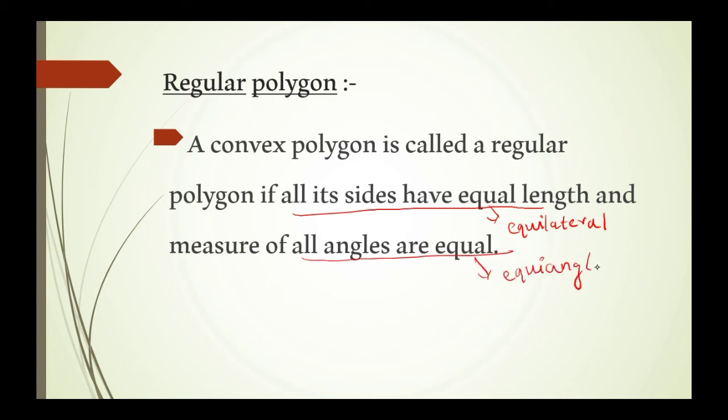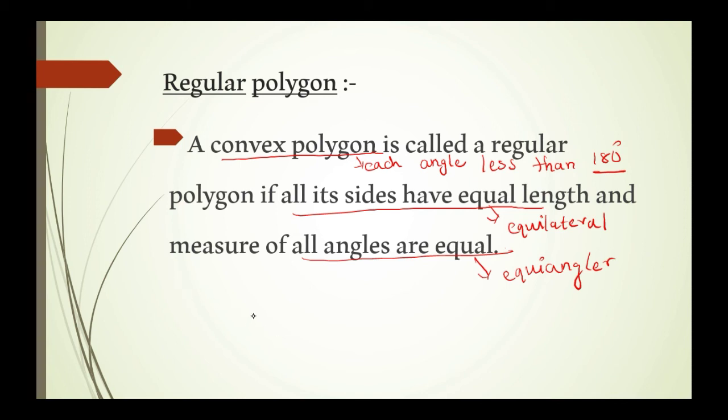So in simplest words, a regular polygon is a convex polygon. What is a convex polygon? Each angle is less than 180 degrees. A regular polygon should be a convex polygon, and it should be equilateral and equiangular.